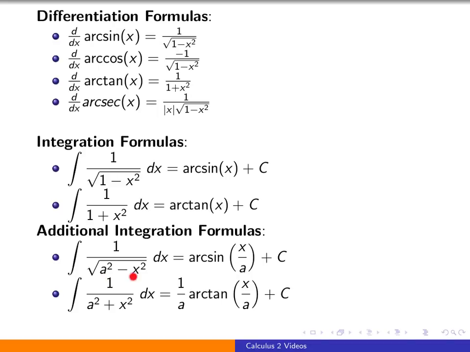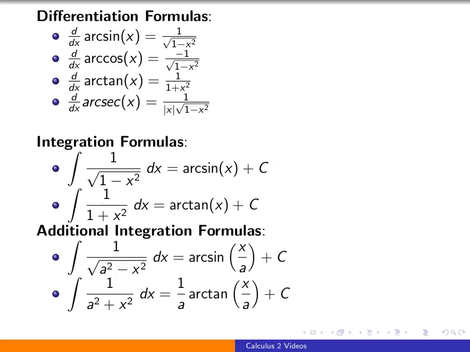If it's a squared minus x squared, you have the associated form for arcsine, and a squared plus x squared, you have the associated formula for arctangent. Once again, just like the differentiation formulas, these are formulas that we will encounter frequently, so you want to make sure that you practice these enough that you're familiar with them and you will remember them when necessary.